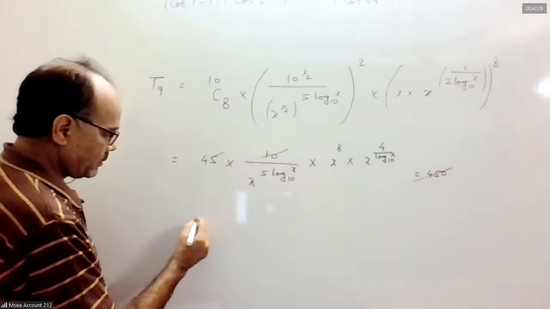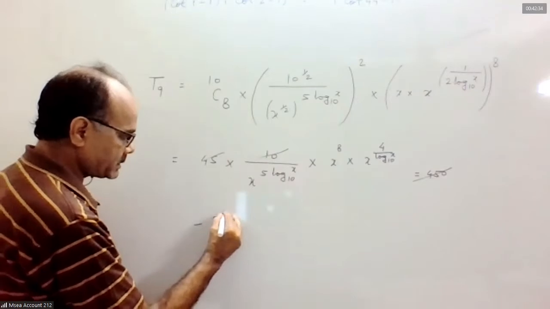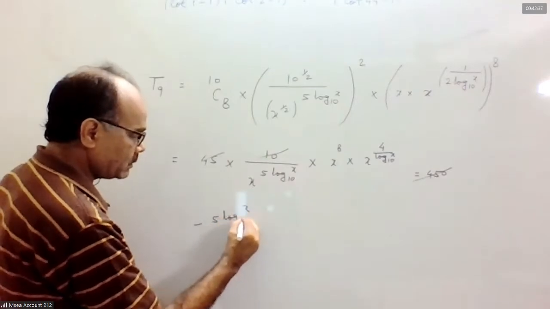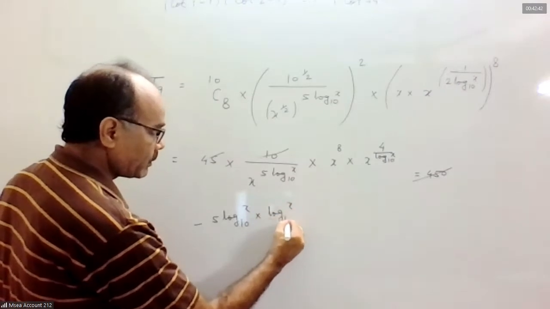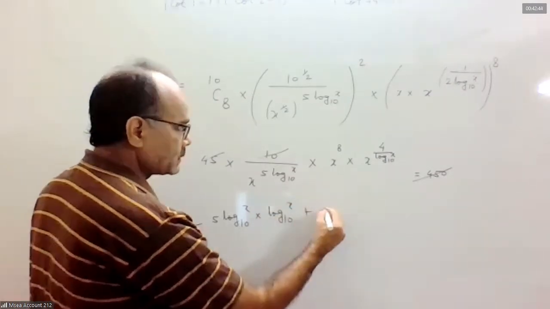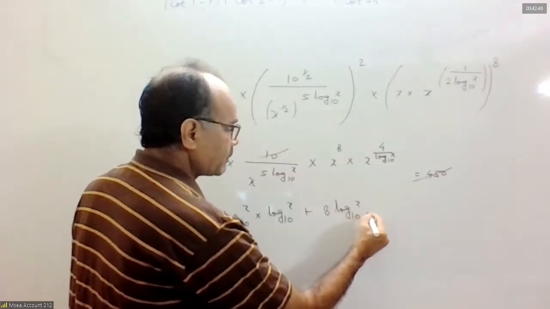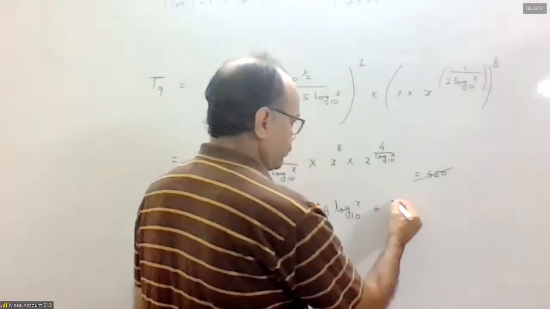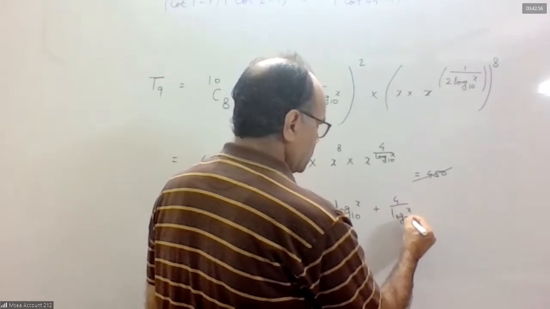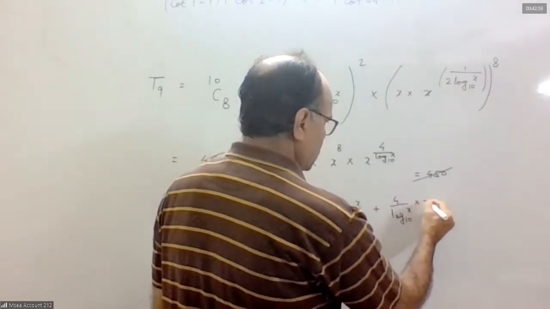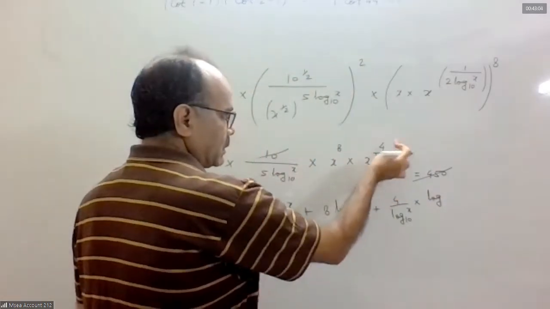Log 1 is 0 minus 5 log x base 10 into log x base 10, plus 8 log x base 10, plus 4 by log x base 10 into log x base 10. Log x base 10. Yes, sir.